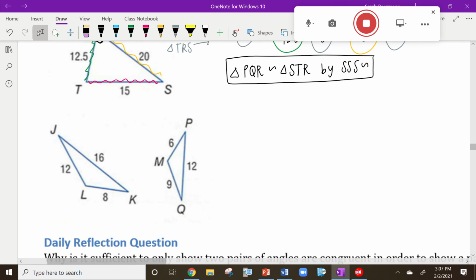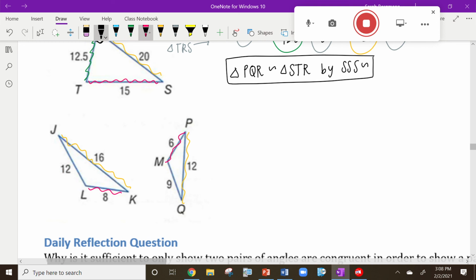All right, last, let's check if this is similar. So I need to check these ratios. Again, this is kind of a toss-up to see which sides are corresponding. I would usually probably say to check the largest side with the largest side, the smallest side with the smallest side. Let's see what those ratios are.